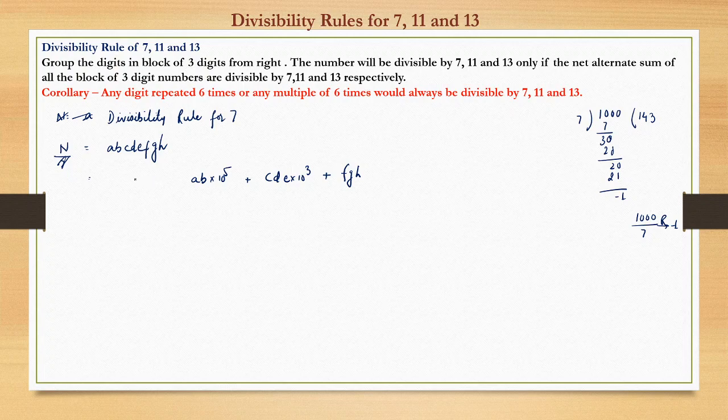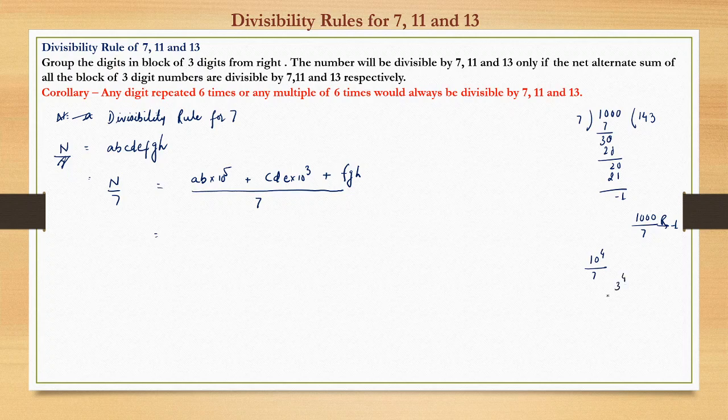This is N. Now see, if it is 10 raised to 4, what would be the remainder by 7?